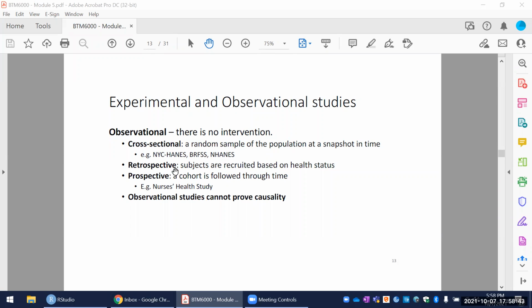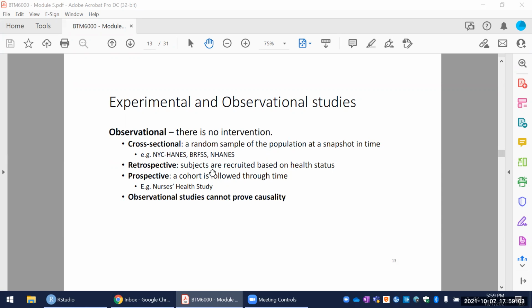Secondly, we have retrospective observational studies, which are studies where you recruit the subjects that you run your analysis on based on their health status or on an exposure status.